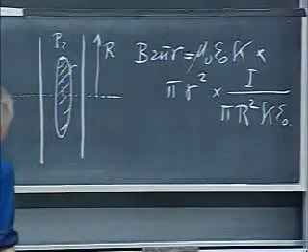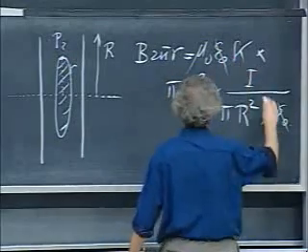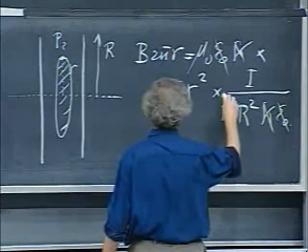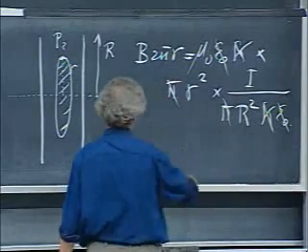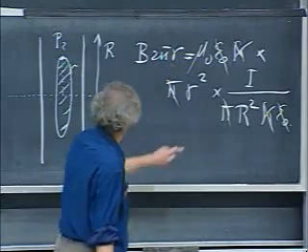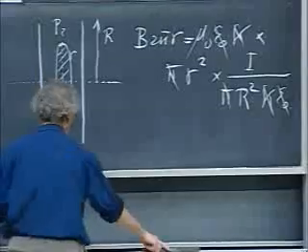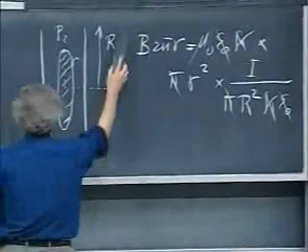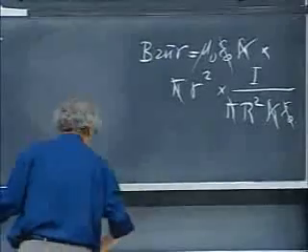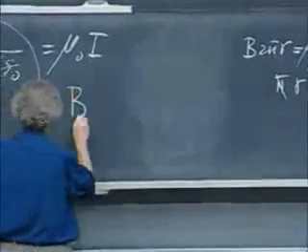And now you're again losing a lot. You lose your epsilon 0, you lose your kappa, I lose a pi. And look, I have a little r here and I have a little r square there. So now we're going to get a result, which is something that you may actually have anticipated, namely that you get a field inside the capacitor that is growing with r.